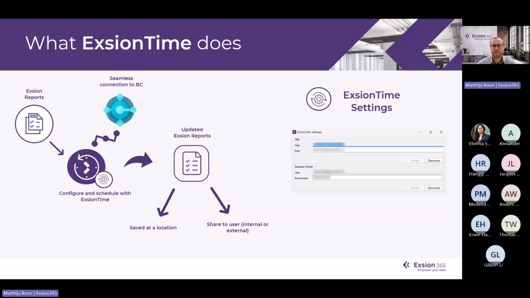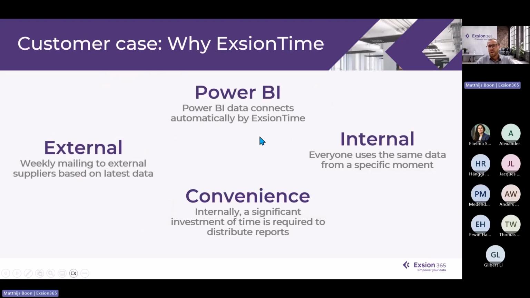You can save this at a specific location. This can either be somewhere on the hard drive of the server or somewhere on a OneDrive, for example. Why Action Time? As you can see on the picture, you can use it both internally and externally.